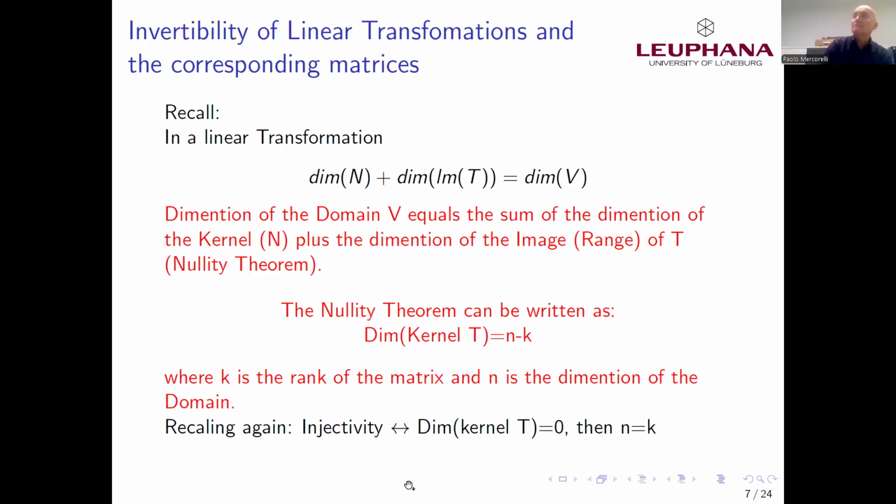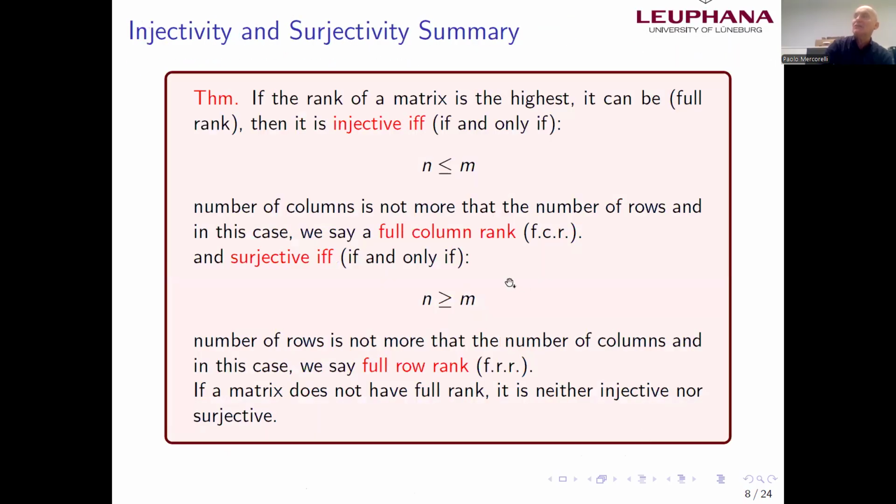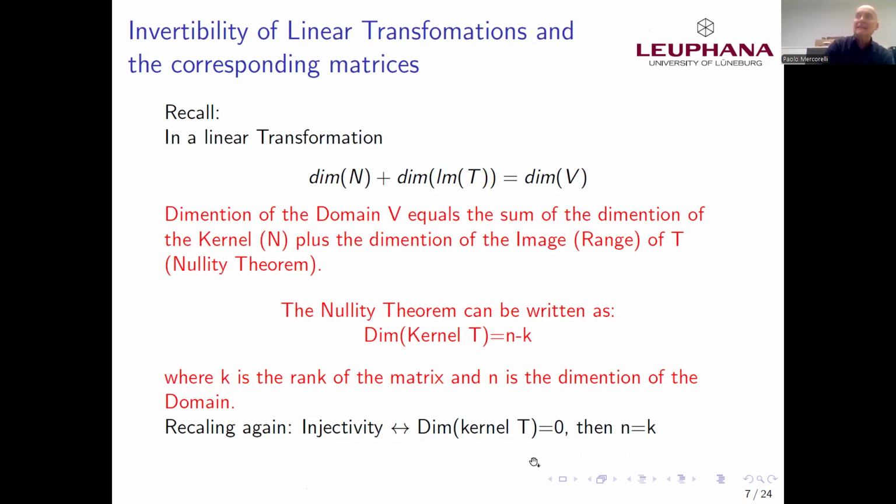Let me conclude directly with this sentence here. I need just this slide, but this is exactly what I told you. The injectivity is connected with the dimension of the kernel. If the dimension of the kernel is 0, we have injectivity.